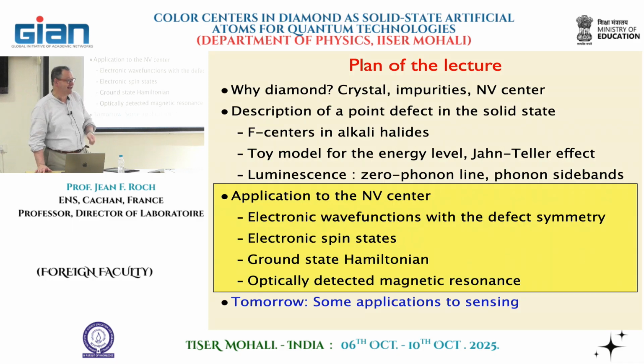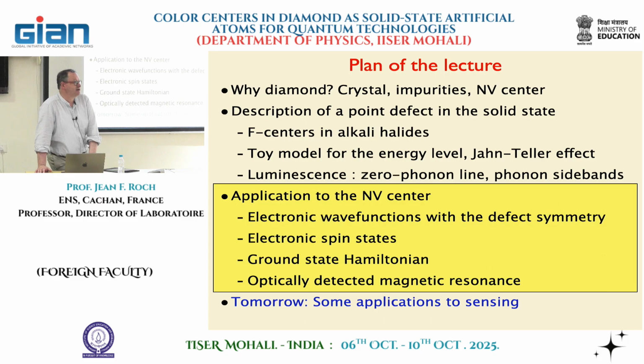So now, with all that in mind, we can really apply all this knowledge, all these ideas, to the NV centers. So there will be a lot of steps, and we will try to go slowly through all these steps. We will start by constructing the electronic wave function.